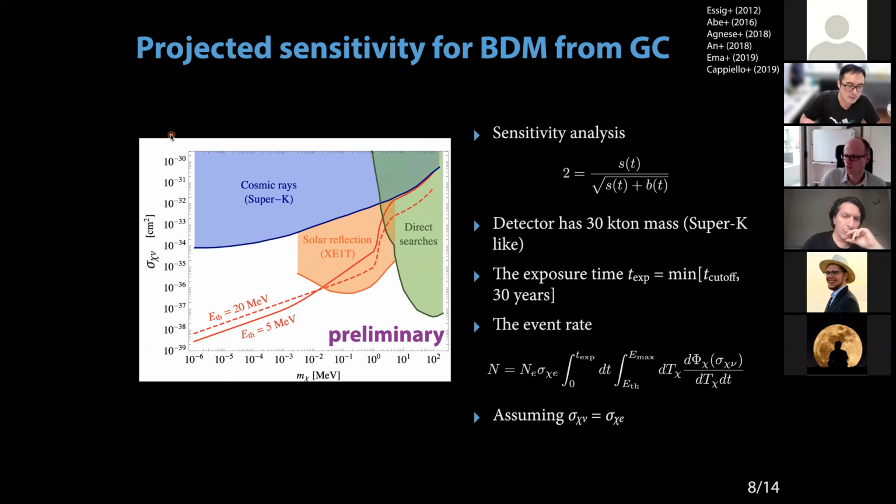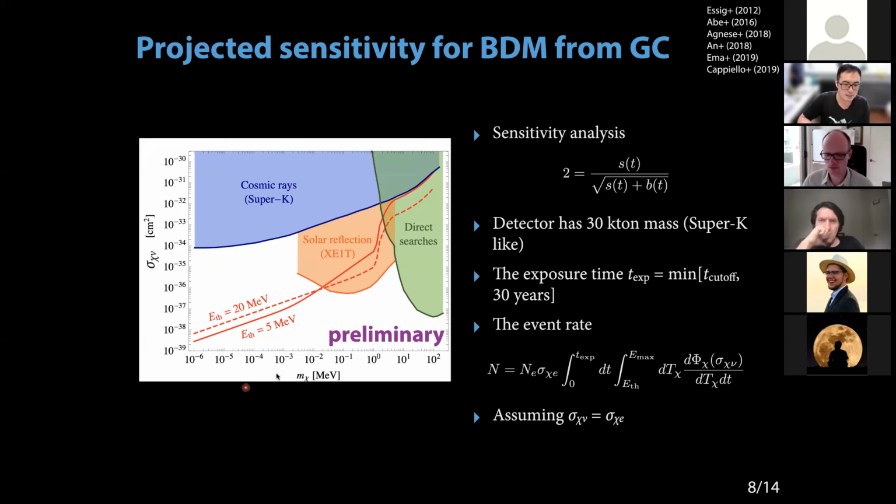And this is the sensitivity plot. The vertical axis is the BDM sensitivity on the dark matter neutrino cross-section, and the horizontal axis is the dark matter mass. The color shaded regions indicate the current existing bounds from direct search, solar reflection, and other types of boosted dark matter from cosmic rays. These red lines are the BDM sensitivity.